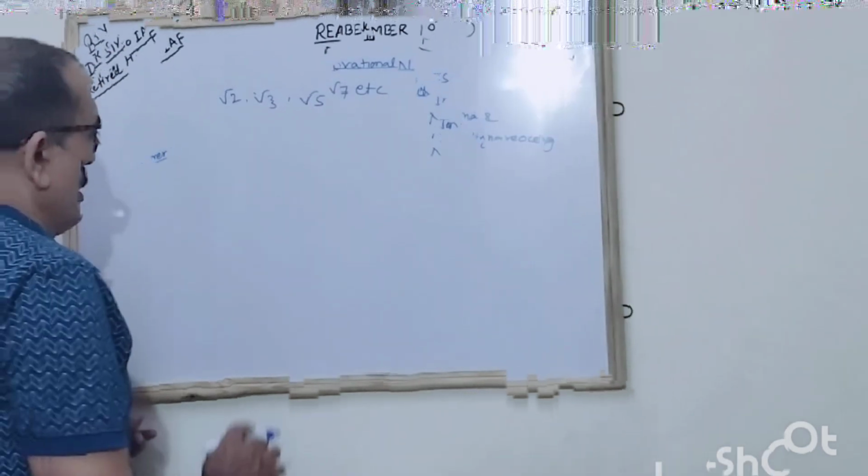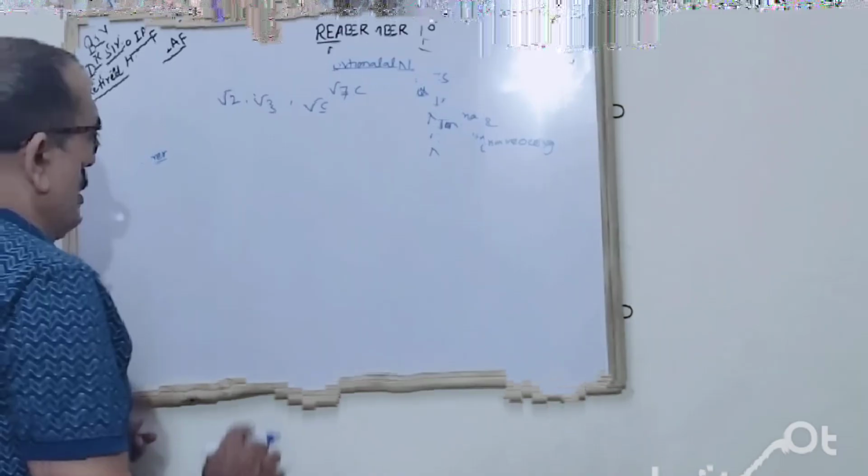So remember, if P is a prime number, and A is a positive integer, correct?